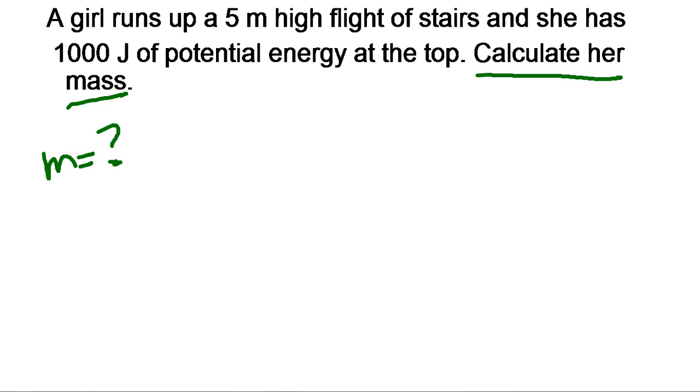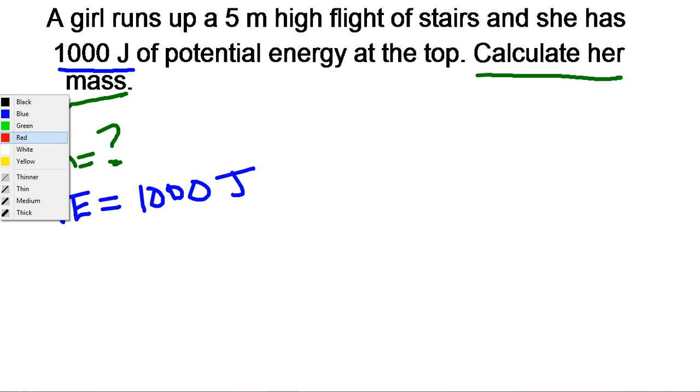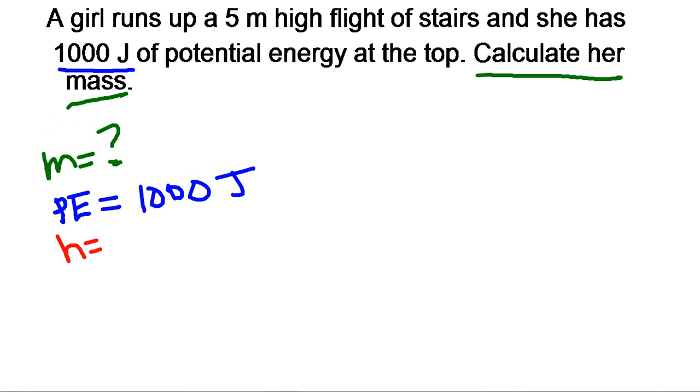Now I need to identify what I do know. I'm going to start with potential energy because I know this is a potential energy problem. Potential energy has the units of a J, or joules. So I'm going to look for that J, and I'm going to see that my potential energy is 1,000 joules. Next, I'm going to look for my next variable, which is height.